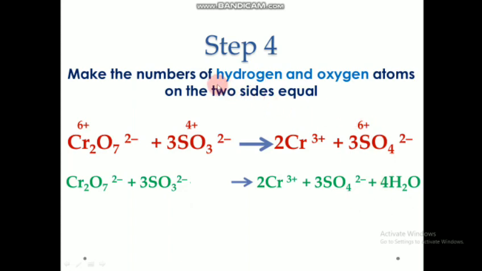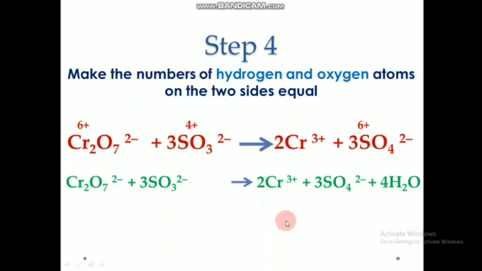Now we need to check the number of hydrogens. In this place it is 8 hydrogens and here there are 0 hydrogens. There is no hydrogen at all. Yesterday we told that rule also: if we have a lack of hydrogen atoms on any of the sides, we can adjust it by adding as many H plus ions as we need.